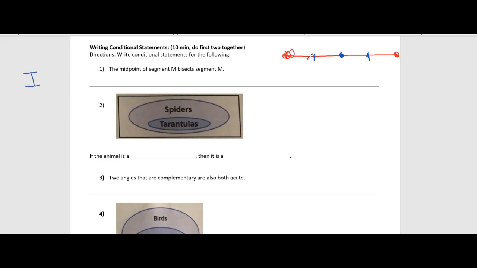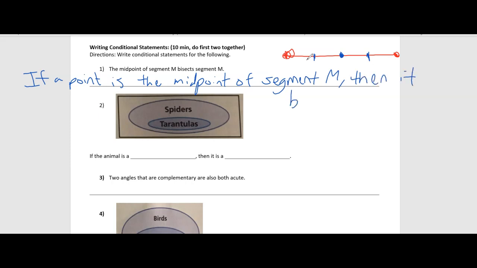So if a point is the midpoint of segment M, then it bisects segment M. So we've just turned it into a conditional statement.